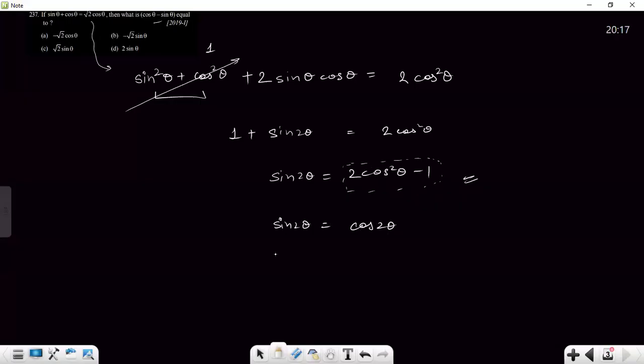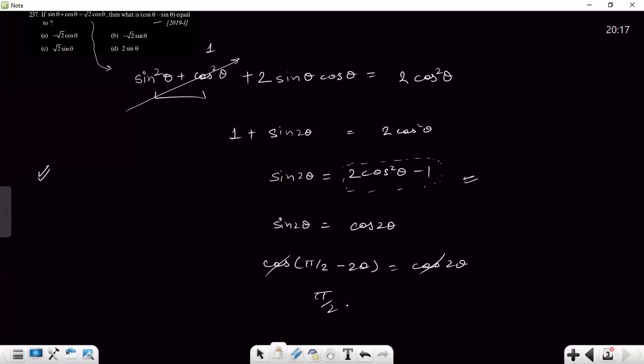We know from observation that sine and cos are equal when the angles are 45 degrees, right? Other than this, we can also apply one more method to find out the angle. Sine can be written in the form of cos: cos(90 minus 2 theta) is equal to cos 2 theta. Now the angles have to be equal.